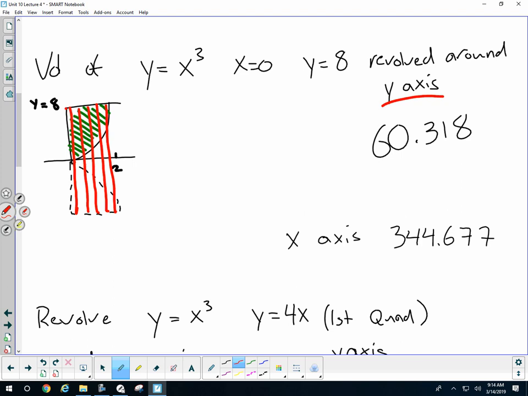I can see what the radius is of all of those cylinders. And then I'm going to draw blue cylinders that would give me the volume of the hole. Take the volume of all the red cylinders, I'll call it the volume of my object, subtract the volume of the blue cylinders, the volume of the hole, and you will get the volume of the object you're looking for.